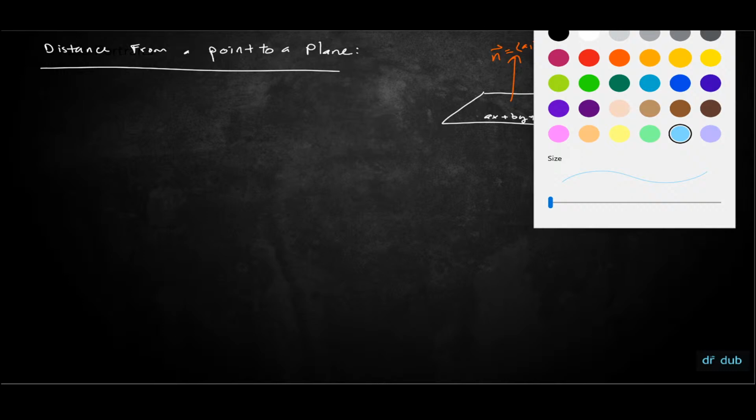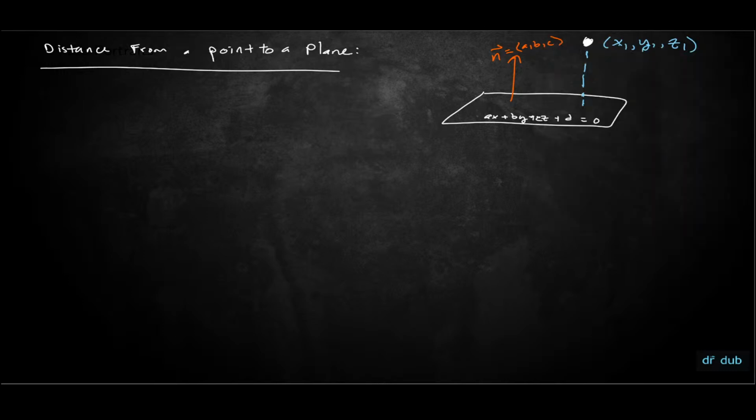So first thing we're going to do is pick an arbitrary point in the plane. Call it x0, y0, z0. Let me draw it on the other side. So this point is the point x0, y0, z0.